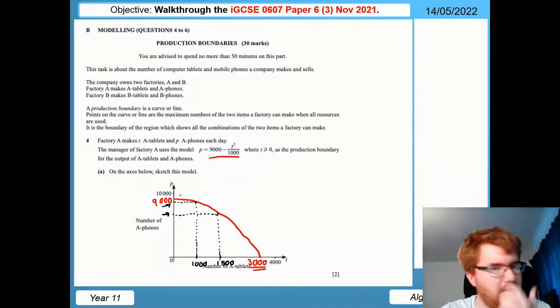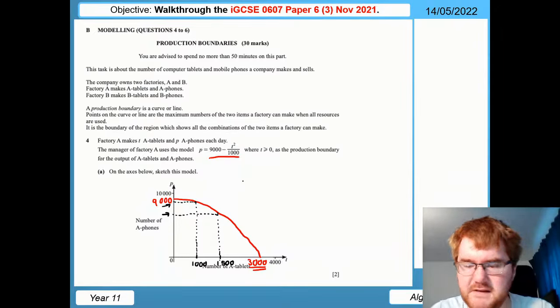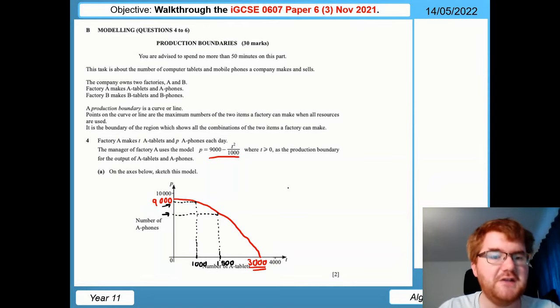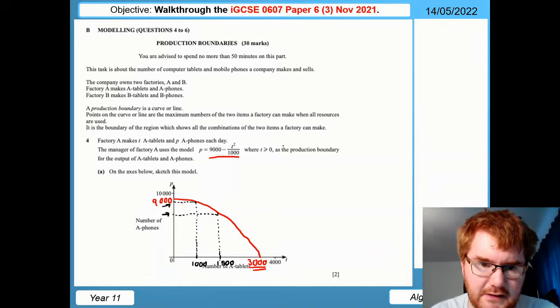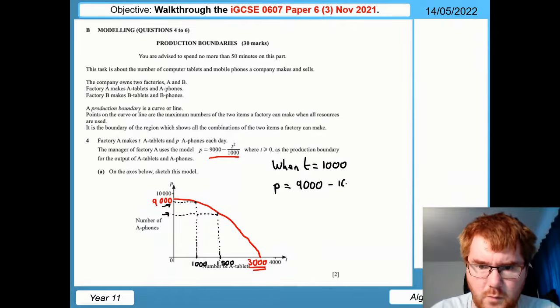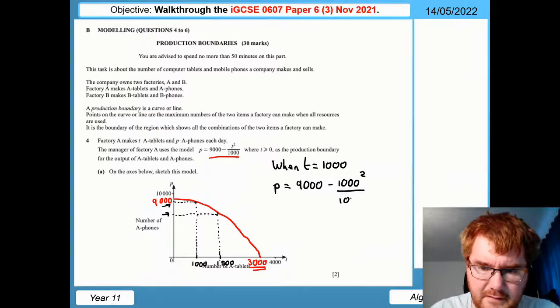Now we could use our graph, but we could also use the formula here as well. So we're going to substitute in 1,000 into the formula, and then substitute 1,500 into the formula to generate P for those specific values. In fact, I'll do it here. So when T is equal to 1,000, then P is equal to 9,000 minus 1,000 squared divided by 1,000.